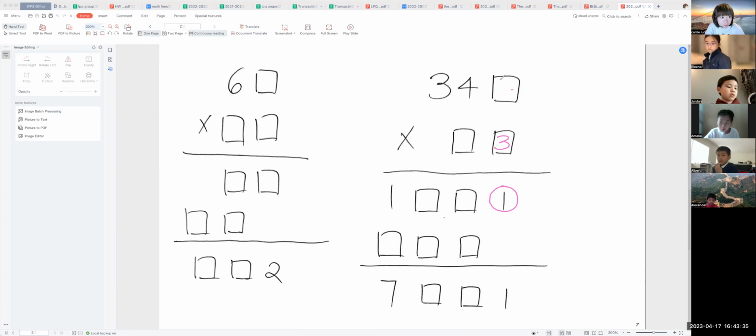Seven. Very good. 3 times 7 equals 21, right? So 4 and 0. So 1041, correct?